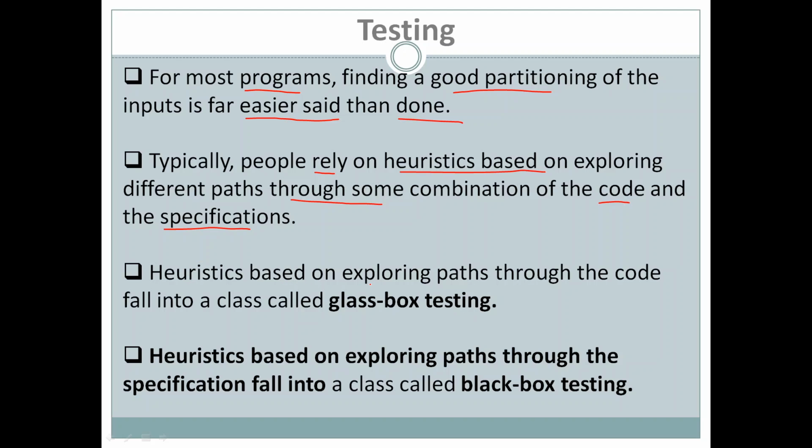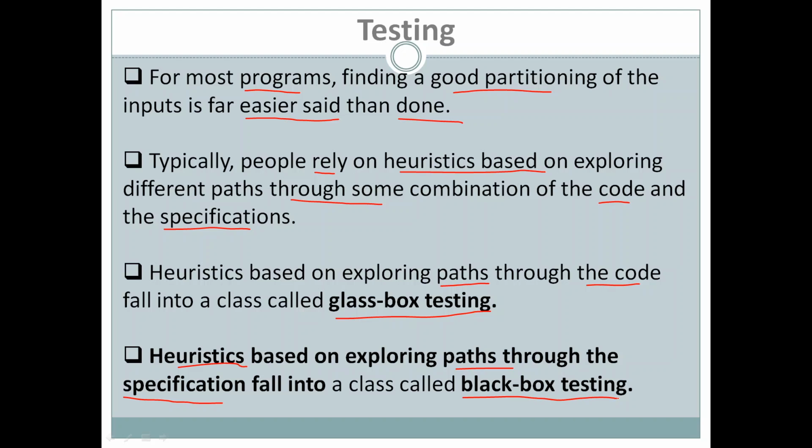Heuristics based on exploring paths through the code fall into the class called glass box testing, which is also called white box testing, where the actual code or the code paths are tested. And heuristics based on exploring paths through the specifications fall into a class called black box testing.